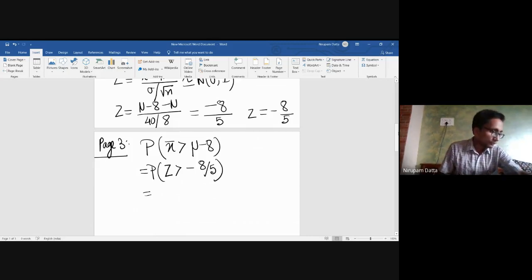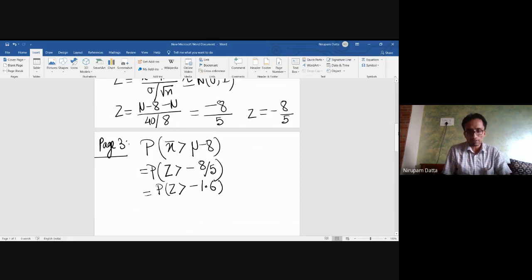That is Z is greater than minus 1.6. So that means Z should be less than 1.6, and we can now write this as follows.